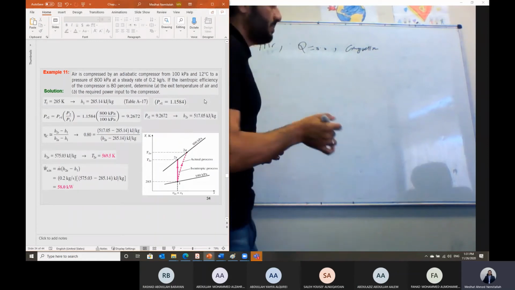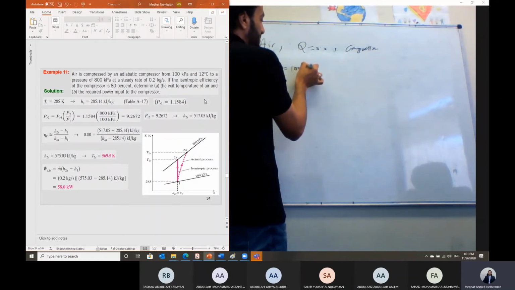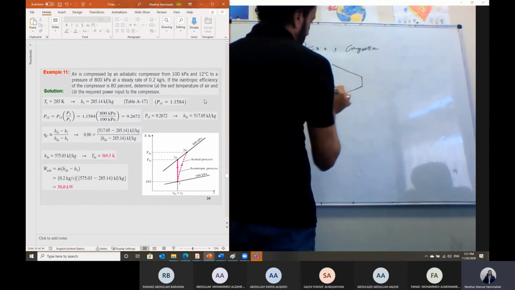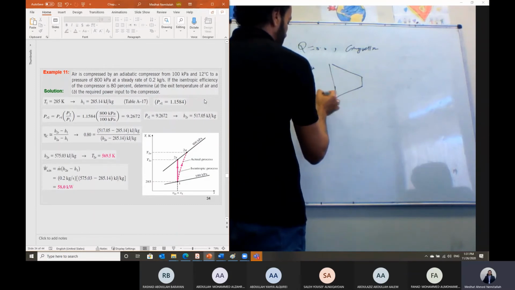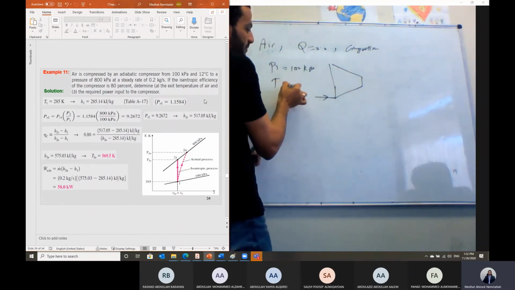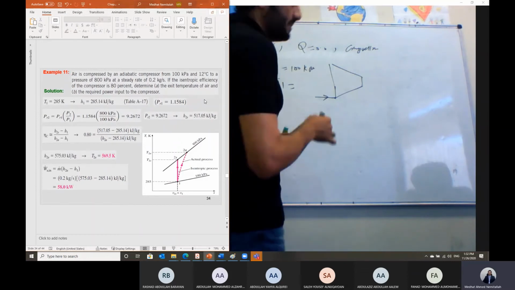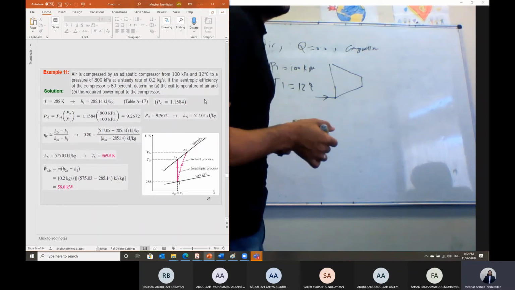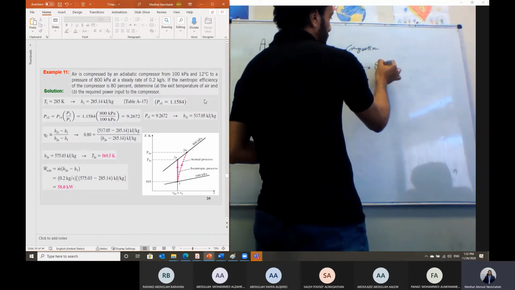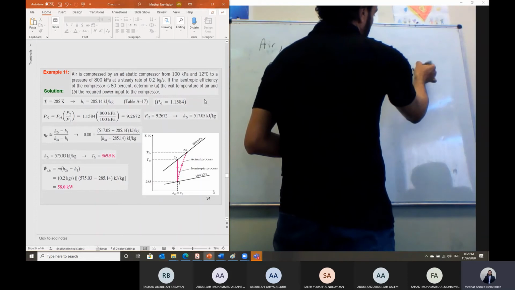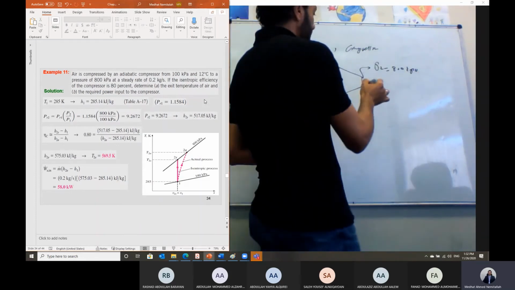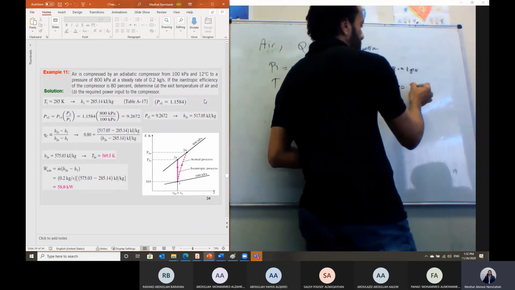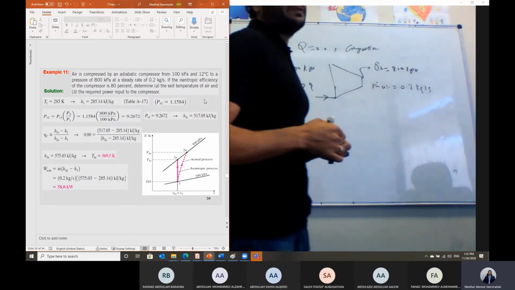The pressure P1 at the inlet of this compressor is 100 kilopascal, and the temperature is 12 degrees C. The compressor raises the pressure to 800 kilopascal, so P2 is 800 kilopascal, and the mass flow rate of air is 0.2 kilogram per second.